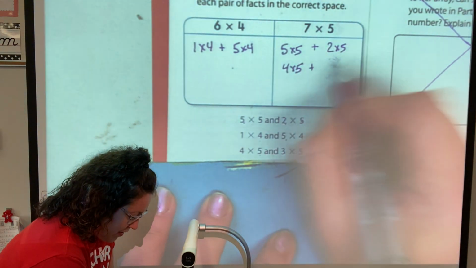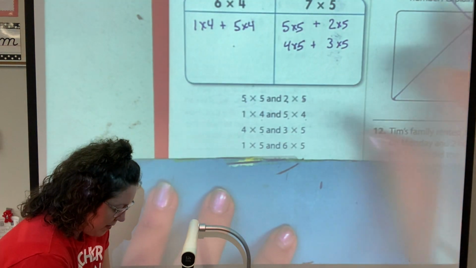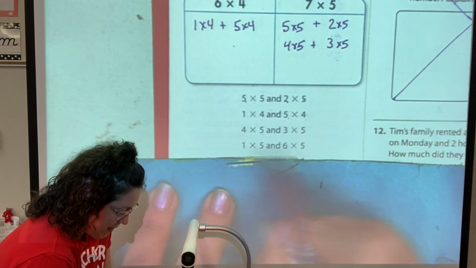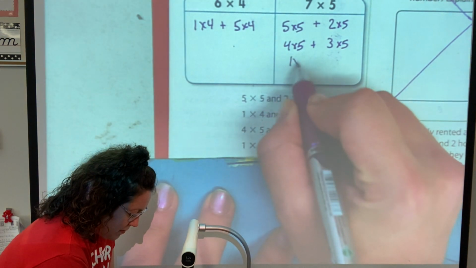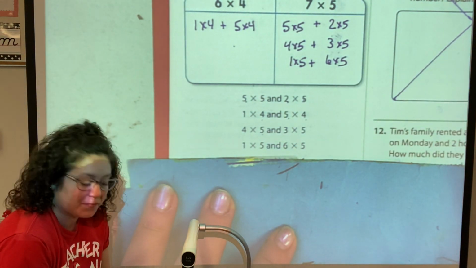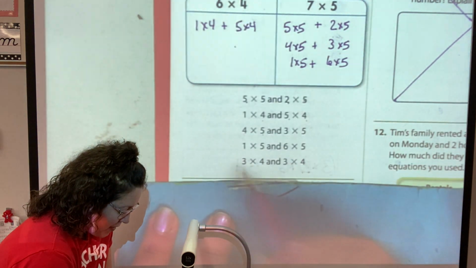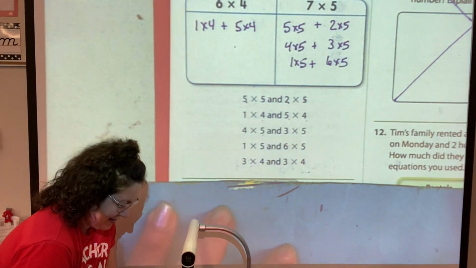Not too bad once you figure it out, right? Okay. 5s are the same, and 1 plus 6 is 7. Last one. My 4s are the same, and 3 plus 3 is 6.